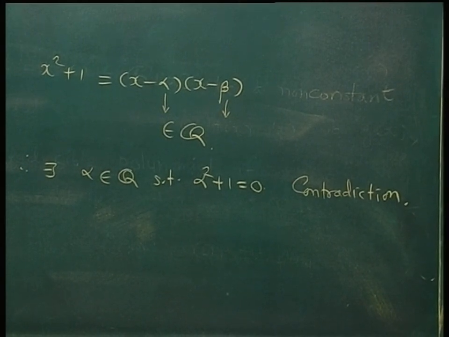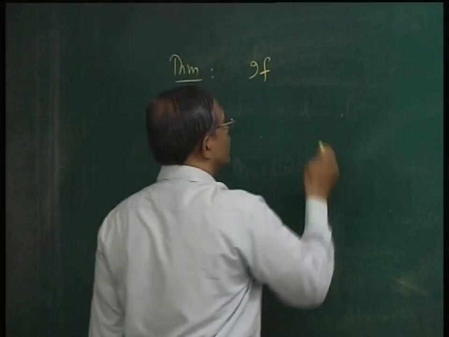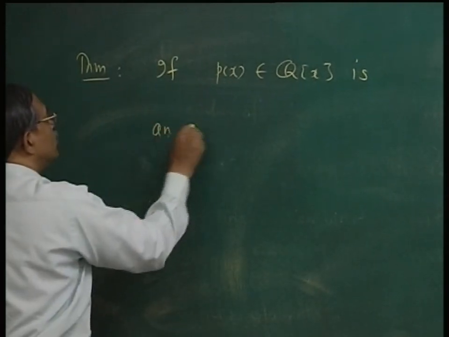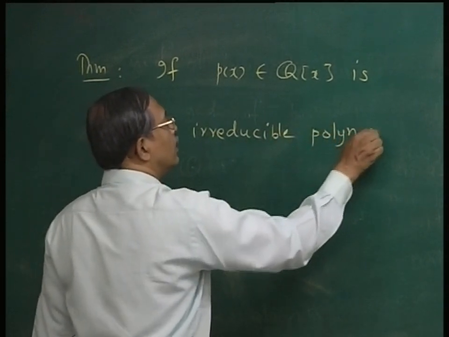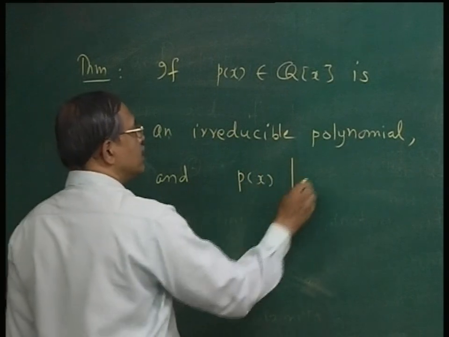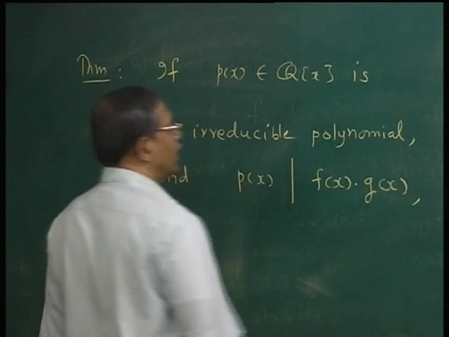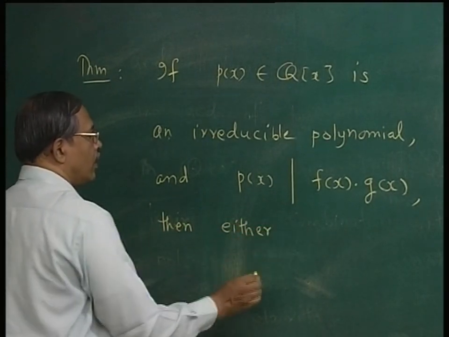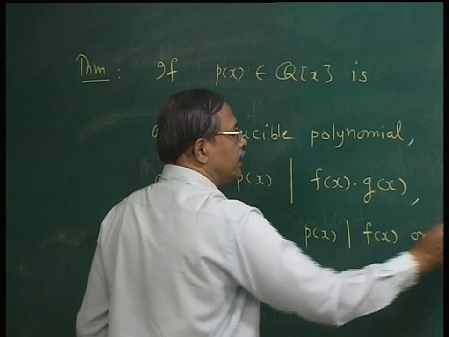The property of an irreducible polynomial is: if P(x) in Q[x] is an irreducible polynomial and P(x) divides the product F(x) into G(x), then either P(x) divides F(x) or P(x) divides G(x).